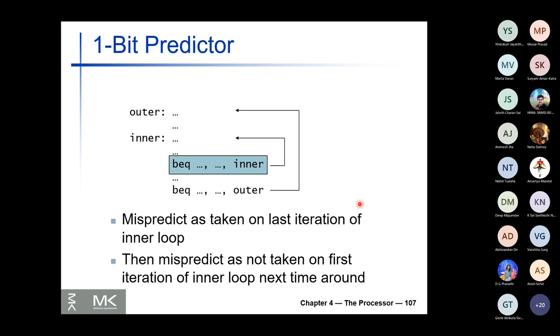So basically, prediction means you are keeping the history of the branch taken or not taken, and you want to follow the trend, what happened last time. Depending on that, you take an action. Now, one bit prediction is the simplest one because you need to keep only one bit per loop.